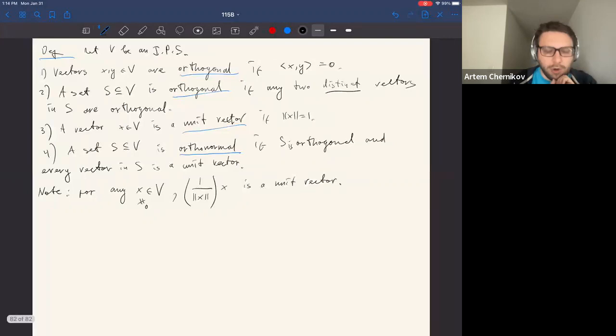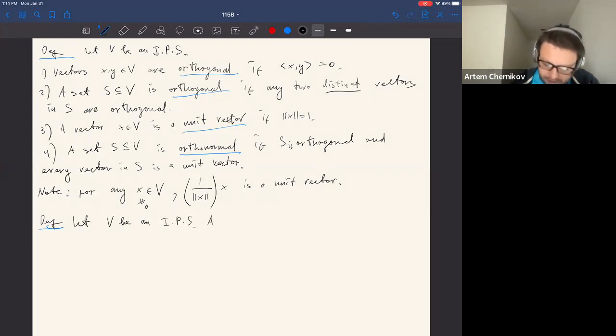Okay. All right. So now, having defined these properties, we're interested in orthonormal bases. So this is somehow the nicest kind of basis that we can find in an inner product space. Let V be an inner product space.